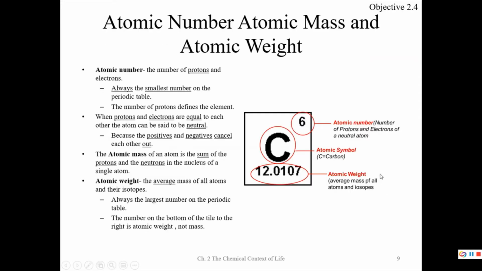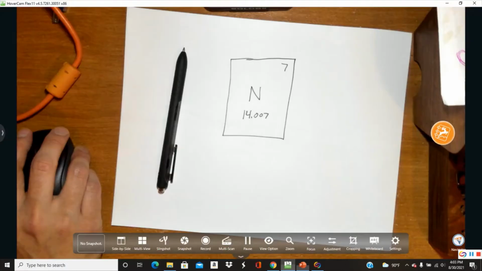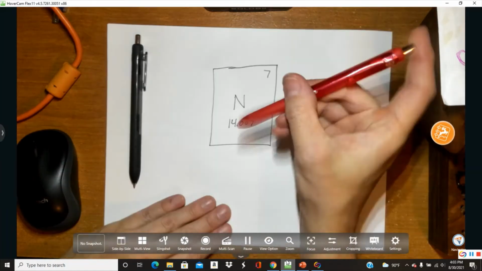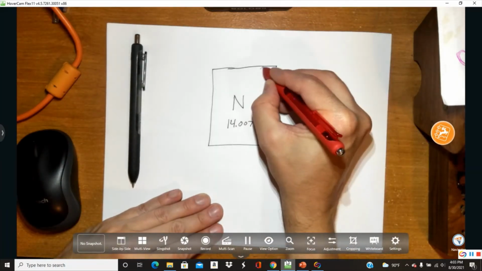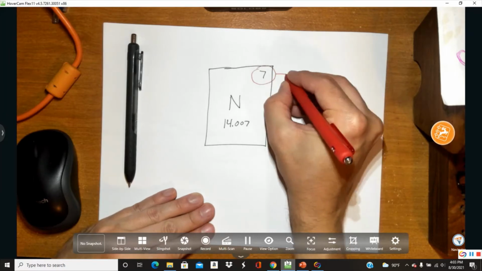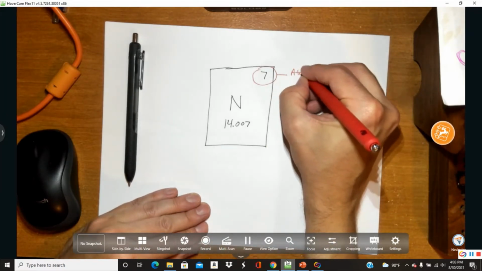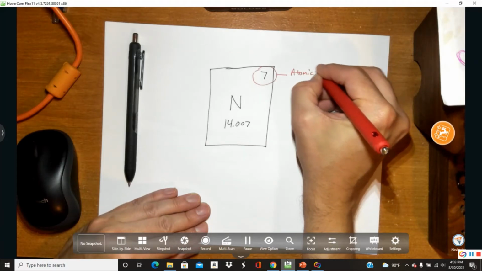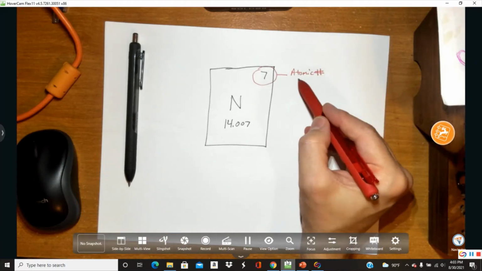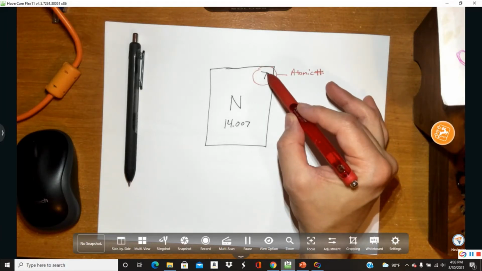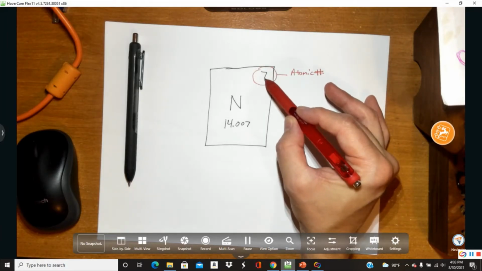Okay. Now, what we're gonna see is this tells us some information. There's a number here. This number is always the lowest number. It is called the atomic number. It is by that number here that we define the element. That element has a number that defines it.